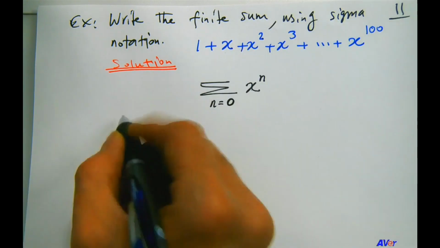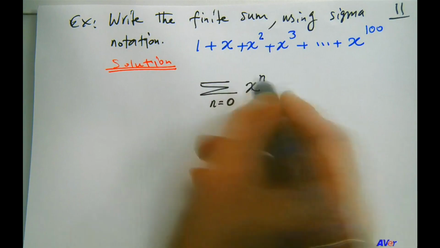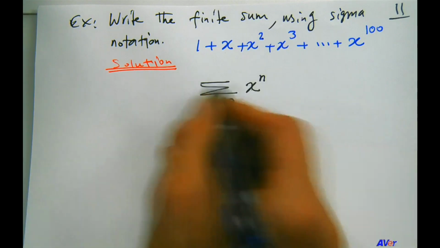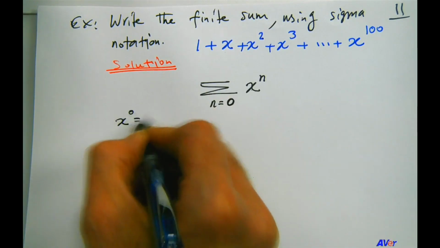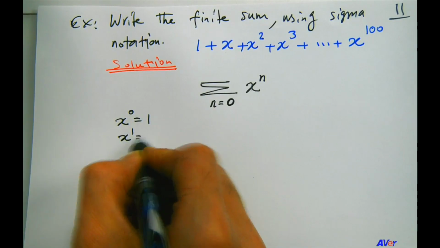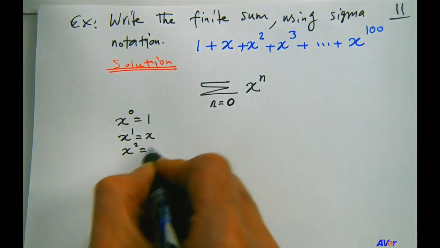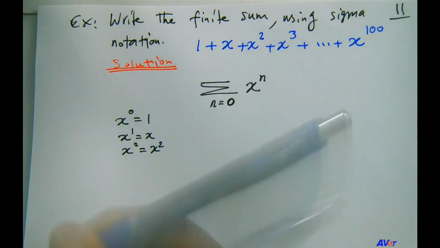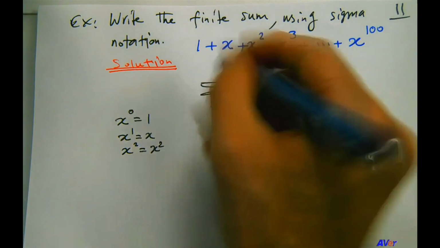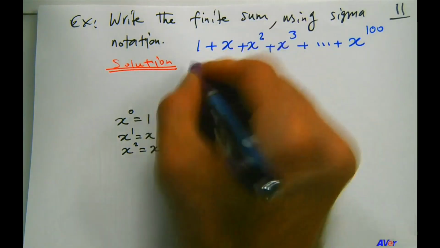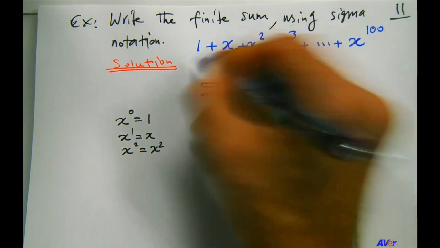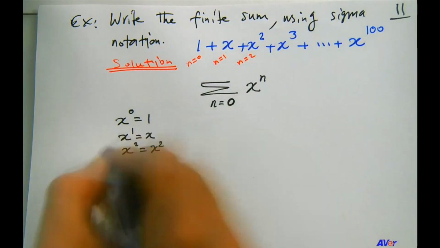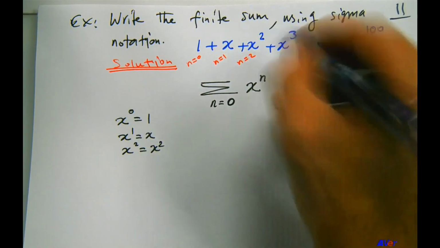Let's write it down because I want to make sure that you see how we need to change this or leave it alone. So x to the 0 power is 1. X to the first power is x. X squared is x squared. This one is the first term, so this is n equals 0, n equals 1, and so on.